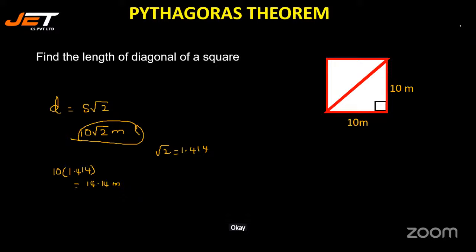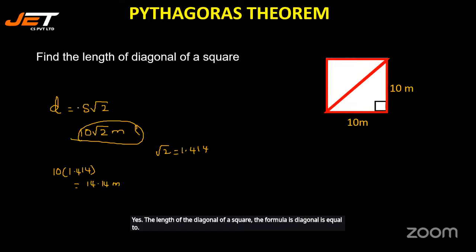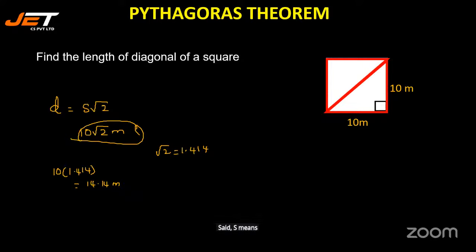Chintu, you are chatting. Don't chat, stop chatting. You're distracting others. Yes. For the length of the diagonal of a square, the formula is diagonal is equal to side. S means side, side into root 2.